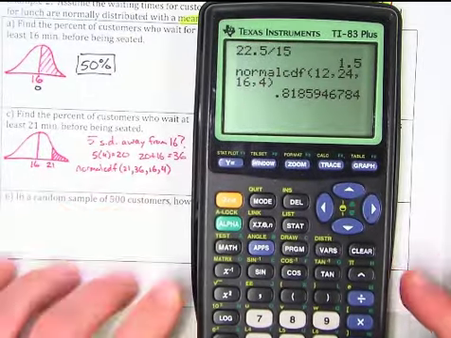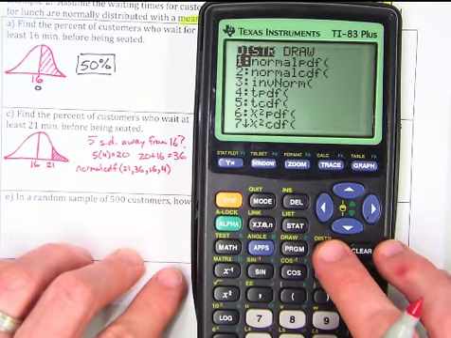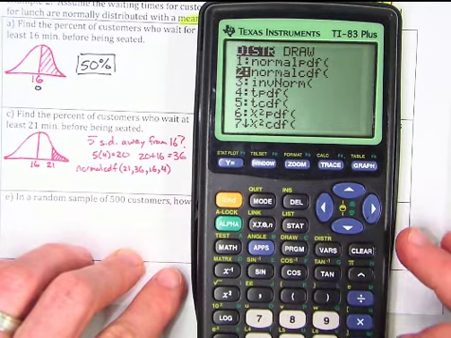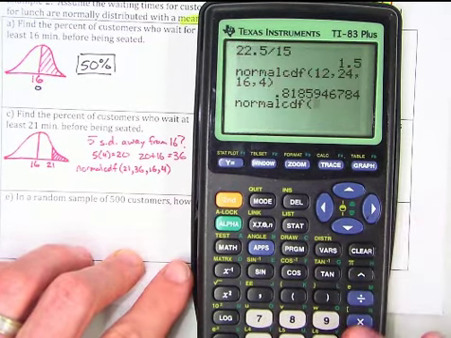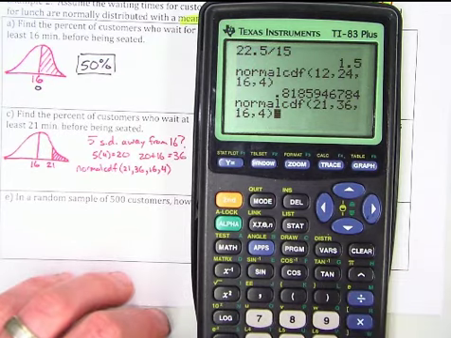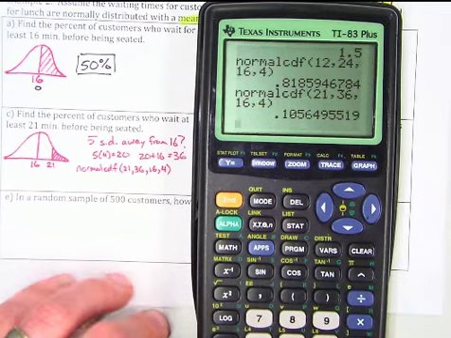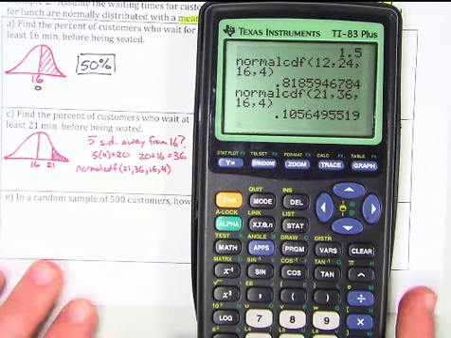So again, we're going to go second distribution, normal CDF, 21 to 36, mean of 16, standard deviation of 4, and hit enter, and we get about 10.6%.